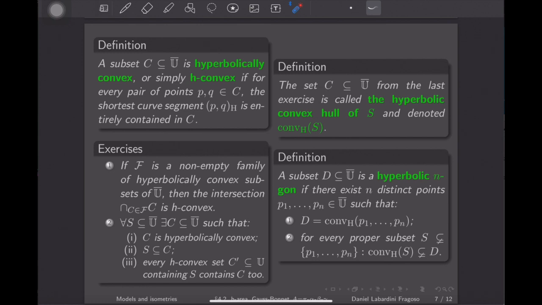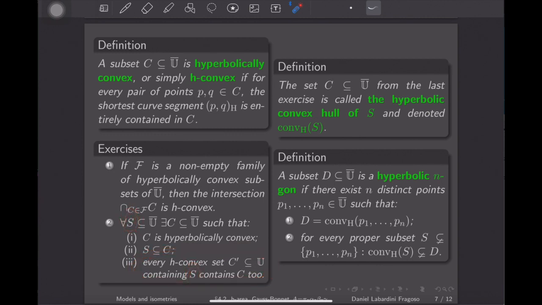Okay, and then because of one, proving the following becomes very easy: for every subset of U bar, there exists a hyperbolically convex set that contains it, and is contained in any other hyperbolically convex set containing my set.